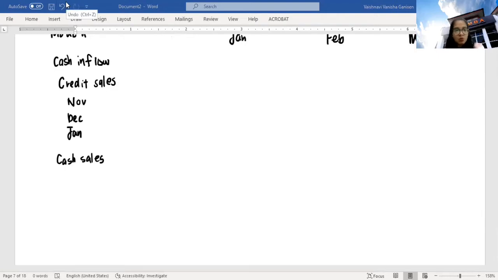Okay, so my November sales, for which I would receive the money in January, is 20,000. So here it is 2,000 multiplied by 10. So I'll receive the money in January, 20,000. My December sales is 2,500 multiplied by 10.